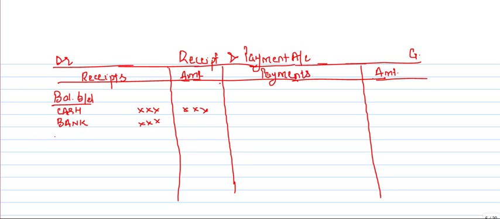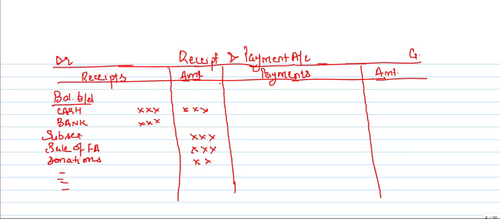Then whatever the receipts are there, like subscriptions, like sale of fixed asset, like donations, whatever the receipts are there, you will record here. Clear?